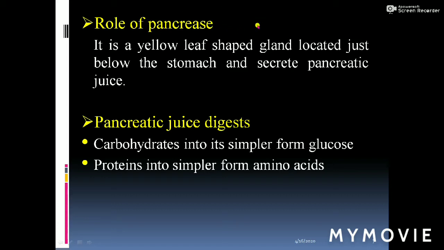So the level of sugar in the human body is not normal. If the pancreas is normal, then the person is normal and cannot suffer from diabetes. Clear? So know also about this.